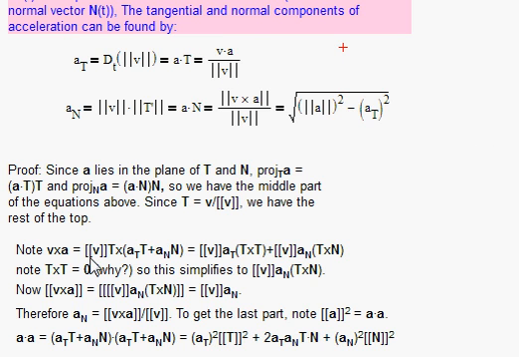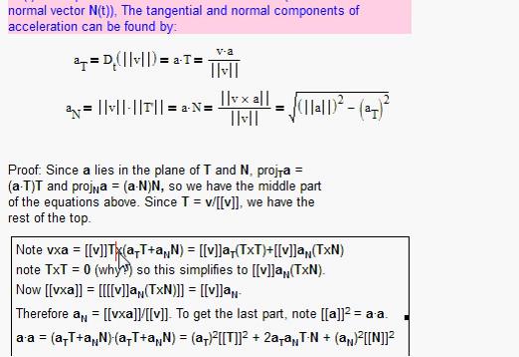And since v cross a is the length of v times unit vector T, crossed with the tangential component of acceleration times the unit tangent vector T, plus the normal component of the acceleration vector times vector N, the normal vector, that would be the same as if I were to distribute this, right?